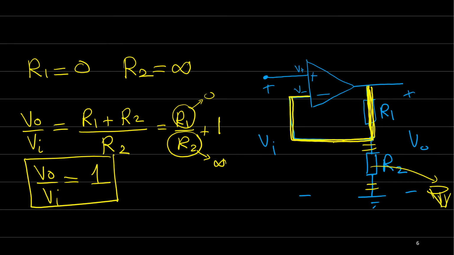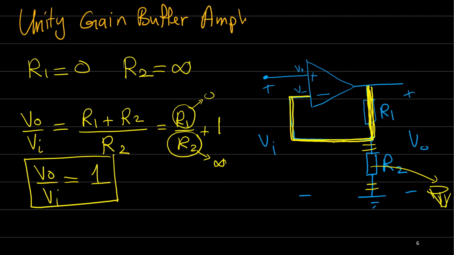And what do we call this circuit? The unity gain buffer amplifier, or we can call it the voltage follower.